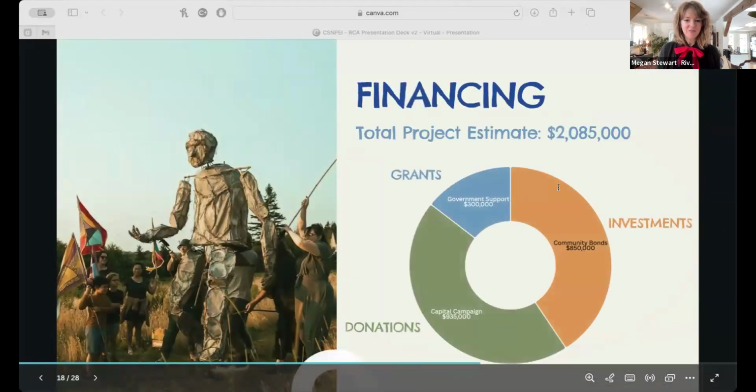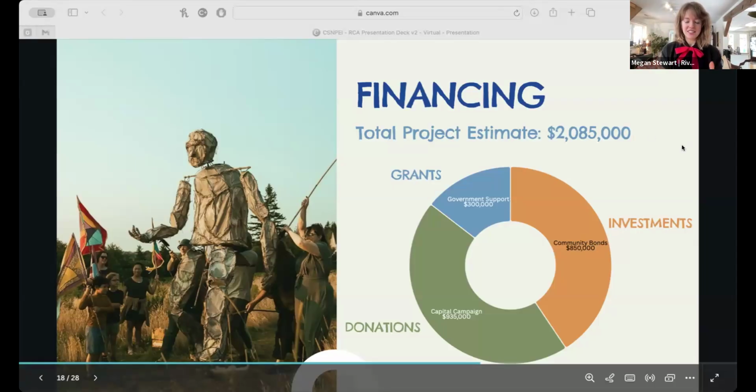The initial financial projections that we did showed that the project was going to cost about $2,085,000. We're imagining in this new frame that the project is not going to cost that much, but it would probably very easily cost 1.5 million.